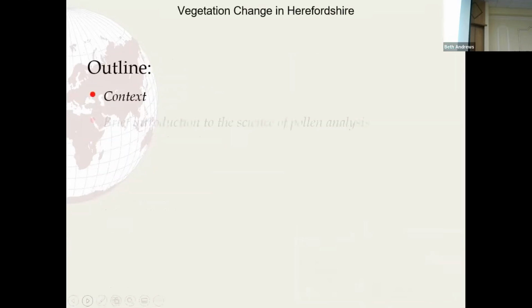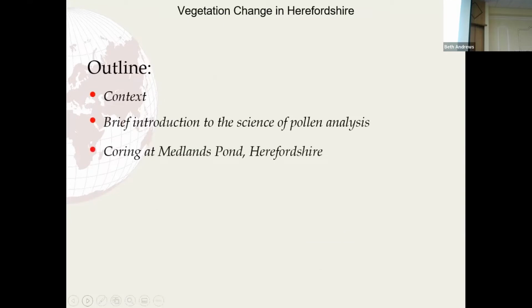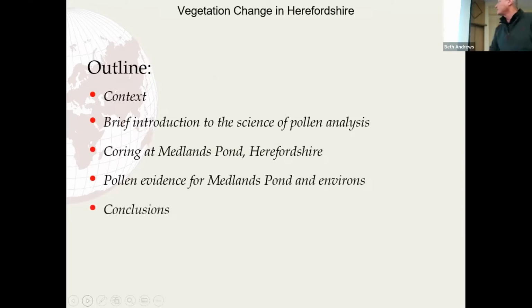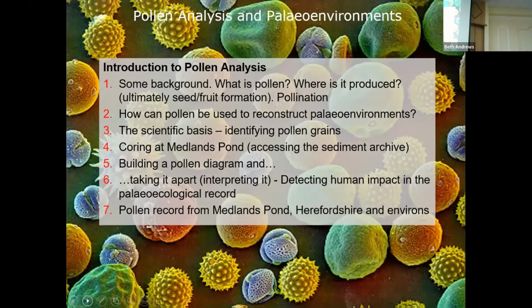So, a bit of context, a brief introduction to the science of pollen analysis, coring at Bedlin's Pond, Herefordshire, and then some of the pollen evidence, Bedlin's Pond and the environment, and then hopefully some conclusions. We'll talk about what pollen is, where it is produced, pollination, and how it can be used to reconstruct past environments.